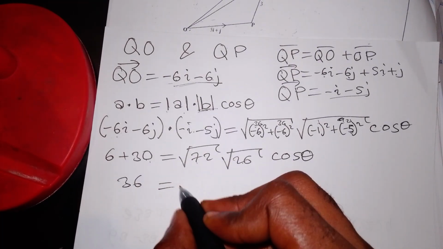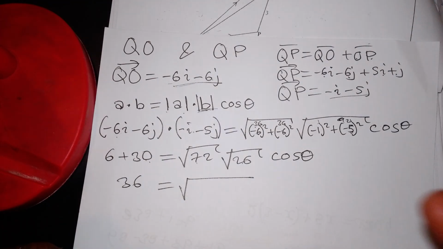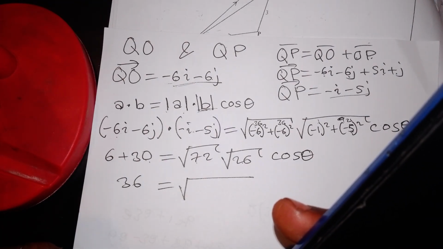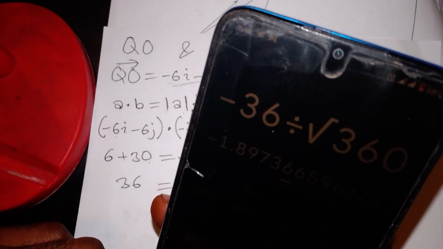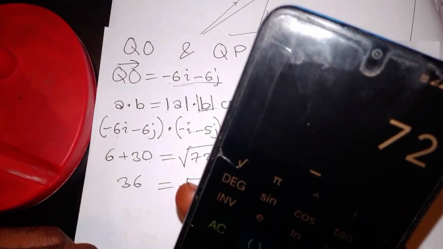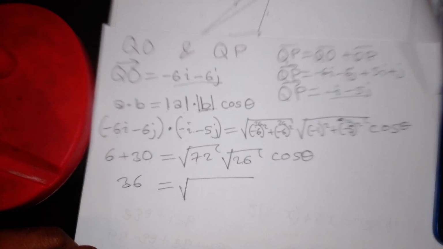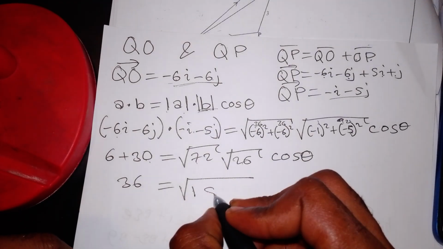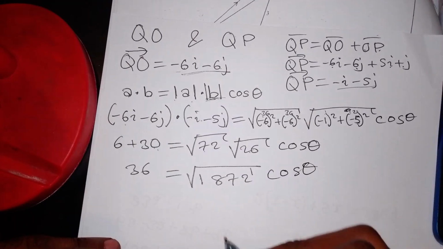And then when you multiply these two, let me just use my phone because I do not have my calculator with me right now. So using my phone, 72 by 26, we have 1872 cos theta.